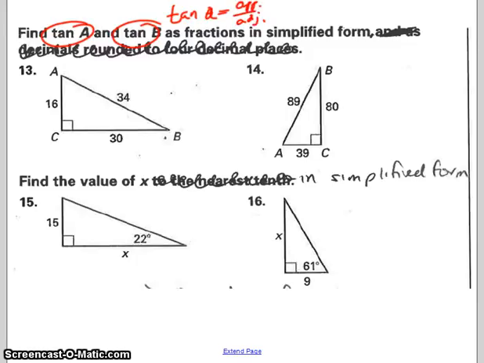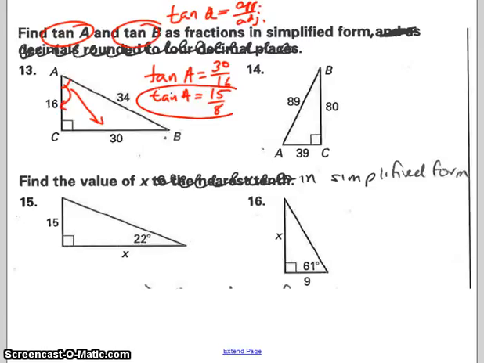Looking at A, tan of angle A is opposite over adjacent, so 30 over 16. We simplify this fraction and get tan A is 15 over 8.